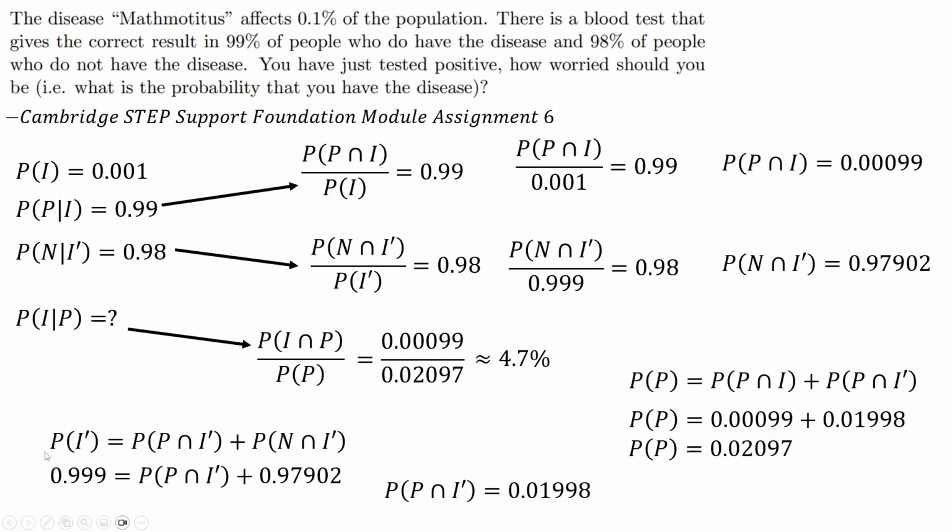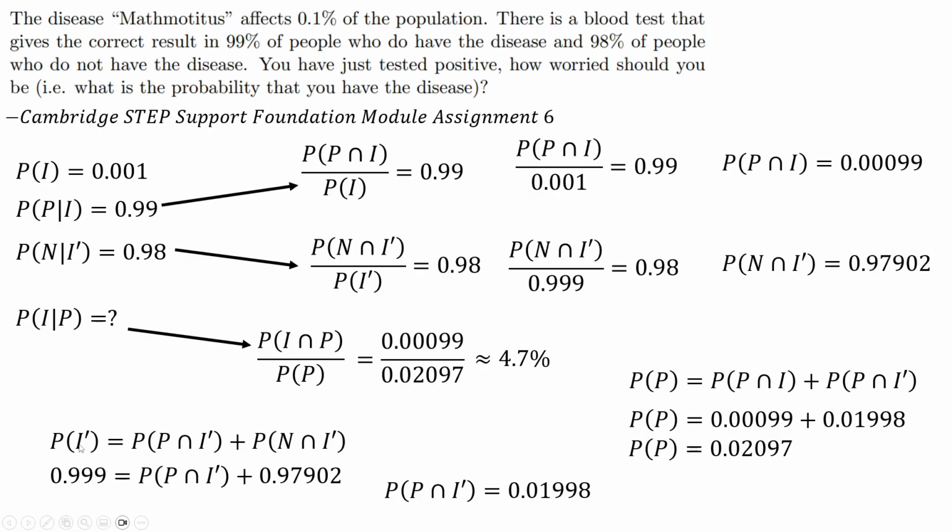You can consider the probability of being infected, so that would be the probability of testing positive and infected, or testing negative and infected.